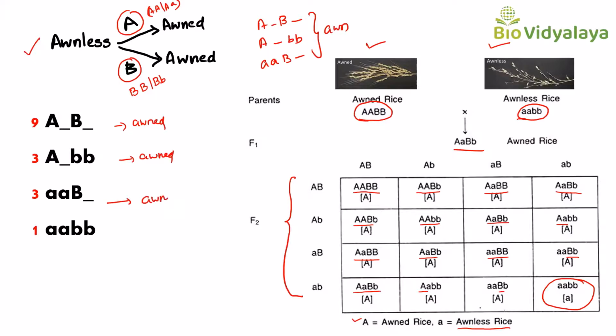So 9 plus 3 plus 3 is equal to 15, and this is onless plus 1. So the double or duplicate dominant epistasis ratio is 15:1. The phenotypic ratio of duplicate dominant epistasis is 15:1. This you have to remember.